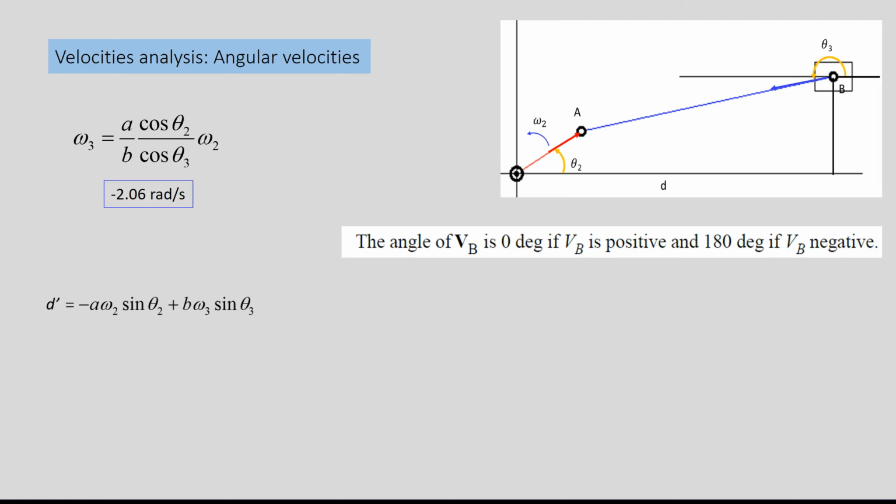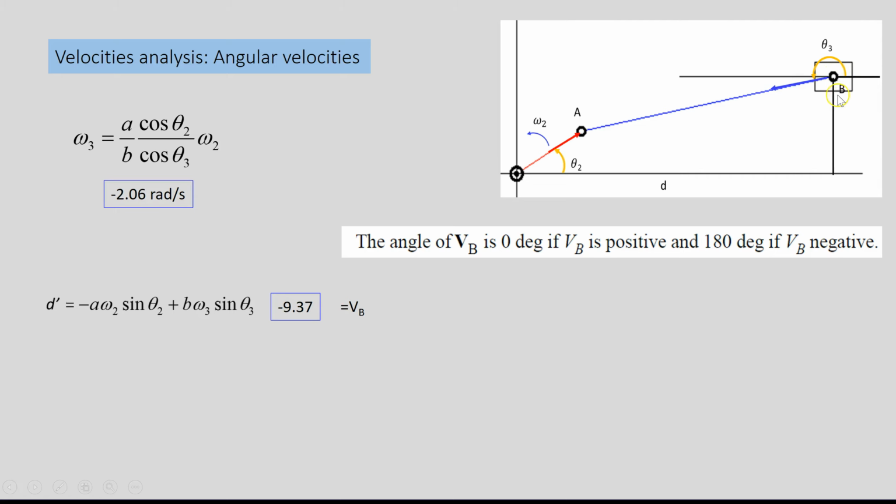Using all the equations and the values that we know, we can find d prime, or velocity of the slider. So the velocity of the slider we found as negative 9.37. Now we can say that this is equal to the linear velocity of pin joint B. Why?